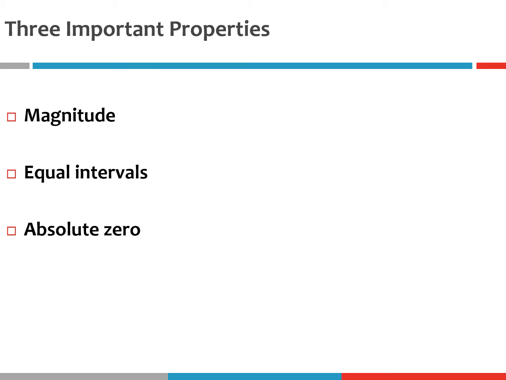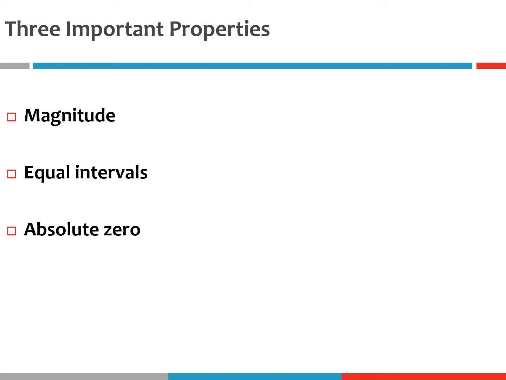Equal intervals means that two adjacent numbers on the scale are going to have the same amount of difference on the attribute as two other numbers, right?